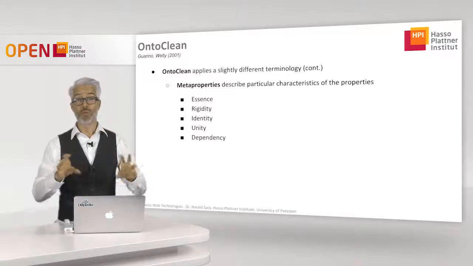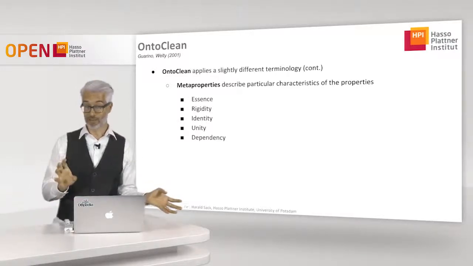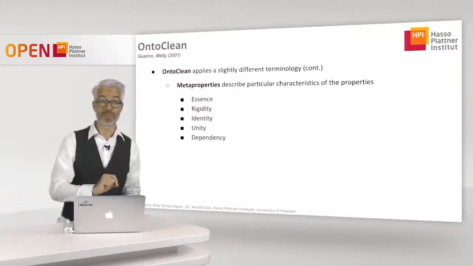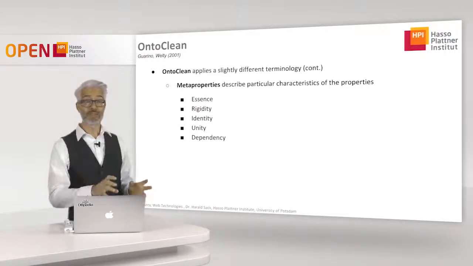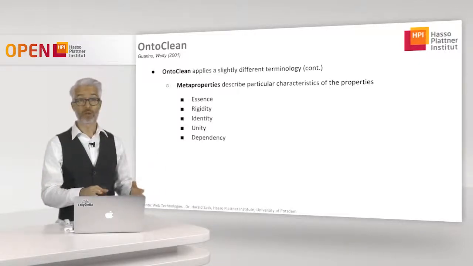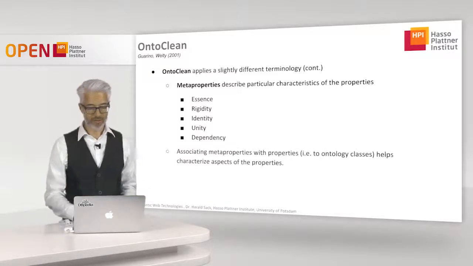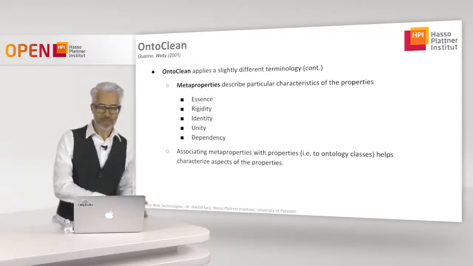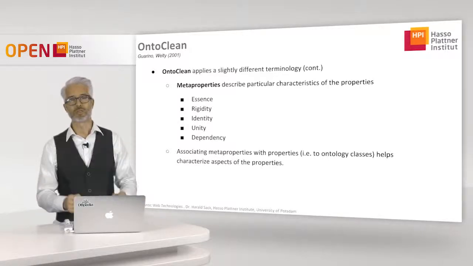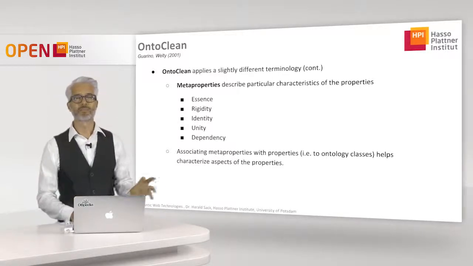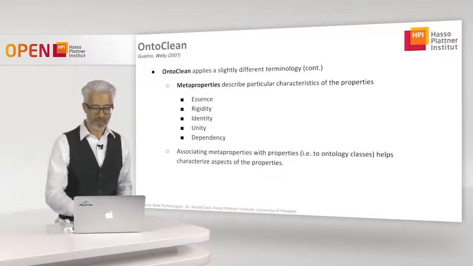And then what we do is annotate all the classes, all the properties, with these meta properties. OntoClean provides a set of rules which form constraints, and these constraints have to be fulfilled. So we are associating meta properties with properties, which means the ontology classes, and this helps to characterize aspects of these properties.